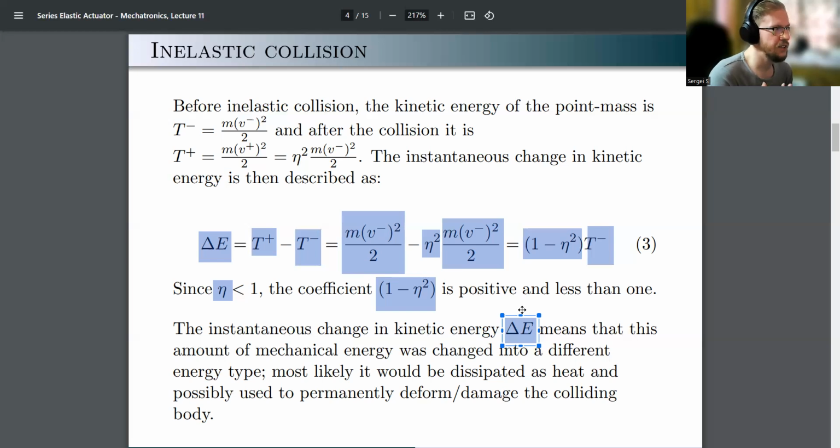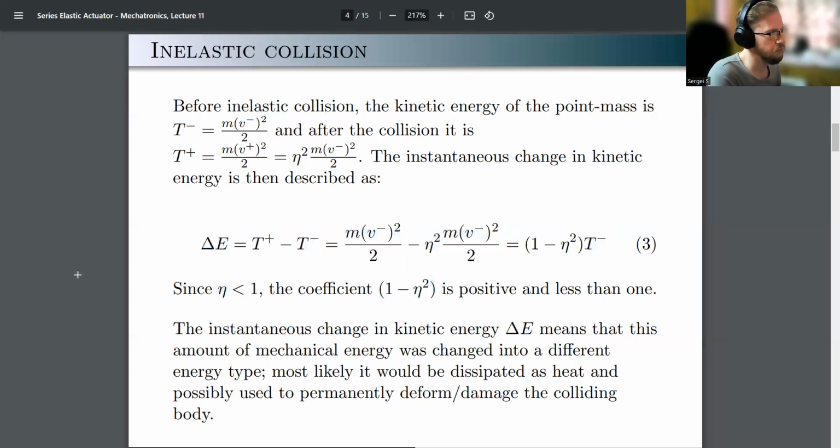If you collide with, let's say, clay, it can change form without any restitution later. So lasting damage is a perfectly reasonable way to dispose of energy. All right, so let's keep in mind that it is not only heat, but also lasting, permanent damage.